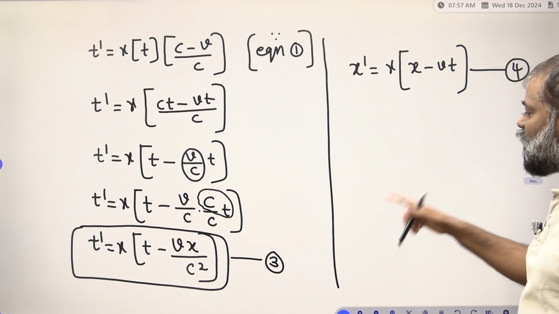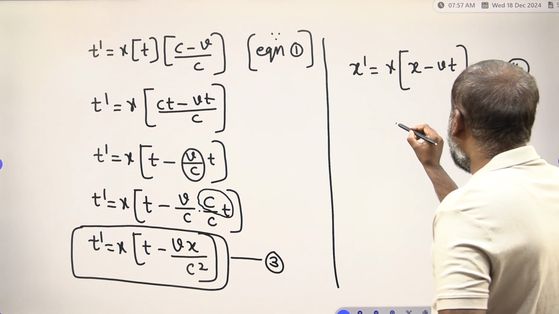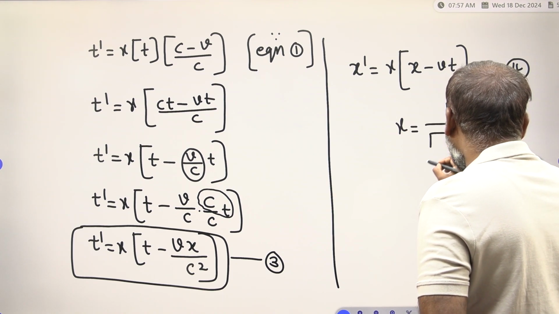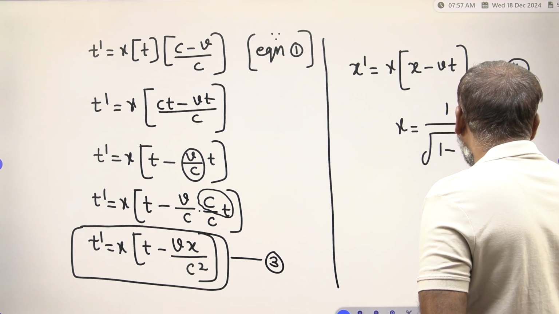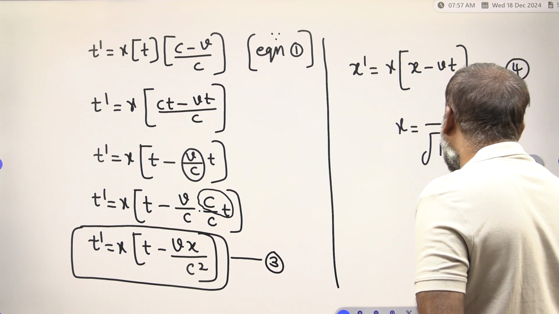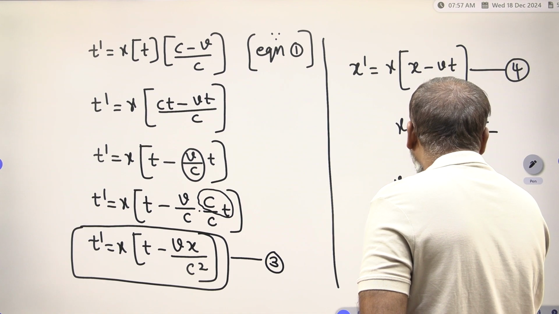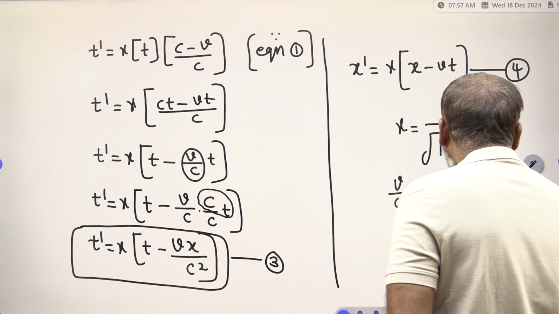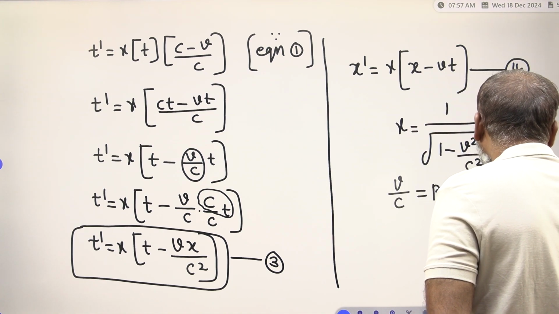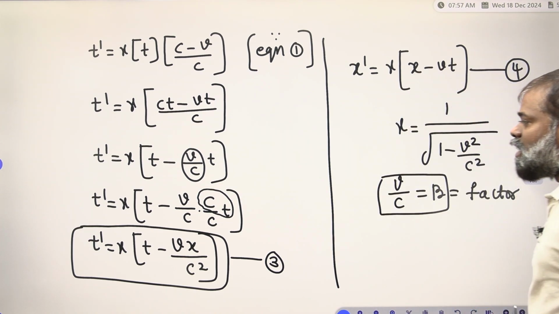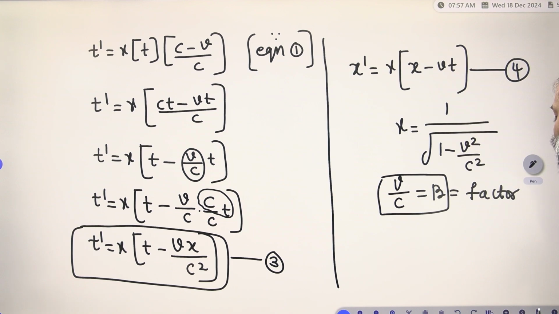From equations 3 and 4, gamma is equal to 1 by square root of 1 minus v square by c square. We also keep one more factor, beta, where beta is equal to v by c, clear.